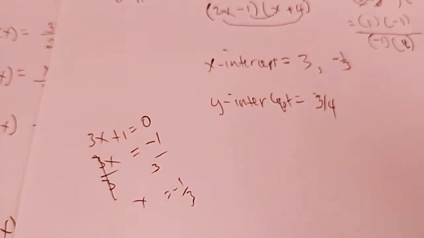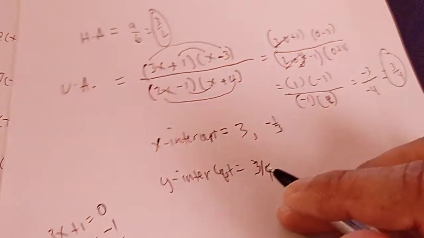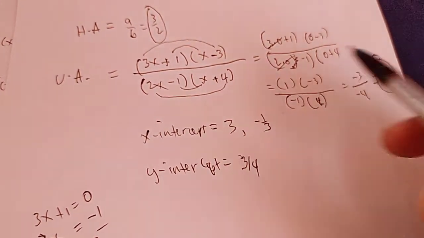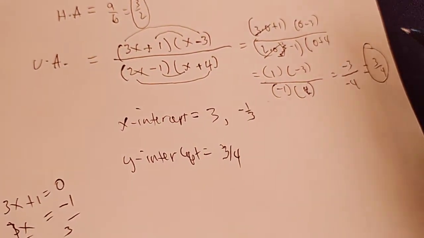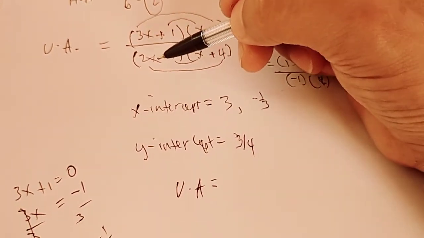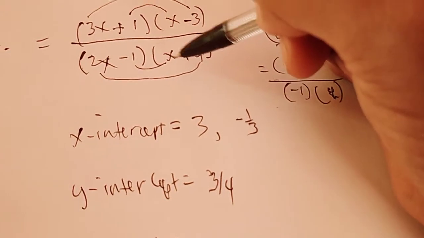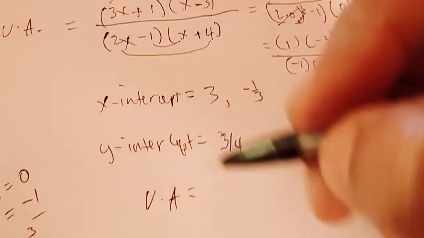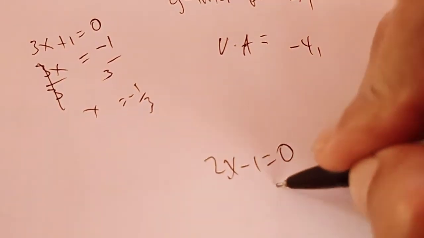3/4 is our y-intercept. Okay. Now, for the vertical asymptote, when it is undefined, we make the denominator 0. So one vertical asymptote is negative 4, since negative 4 plus 4 is 0. And then, for 2x minus 1, we make it 0.